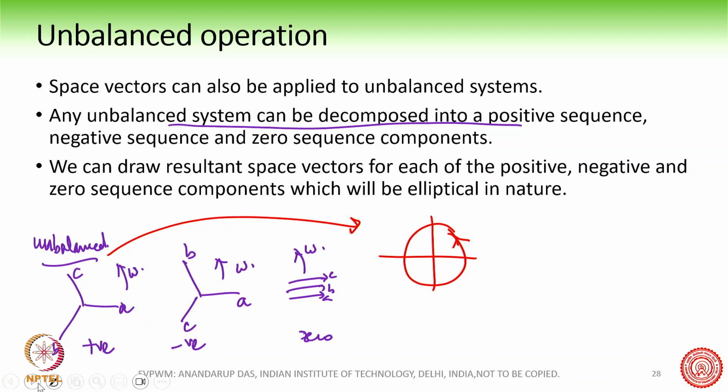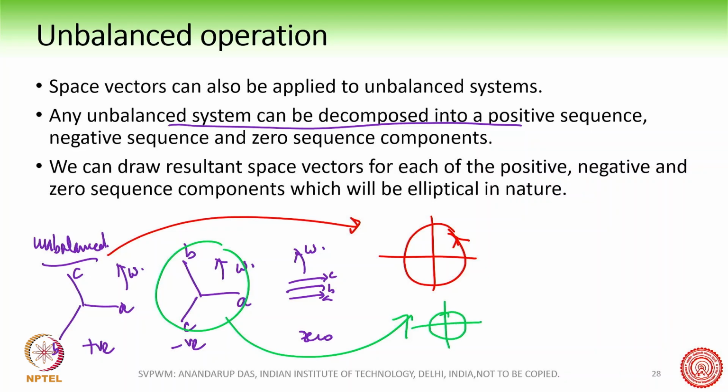The negative sequence will create another space vector, which is also the same thing but rotating this way. But the diameter of the circle is different from the positive sequence diameter.